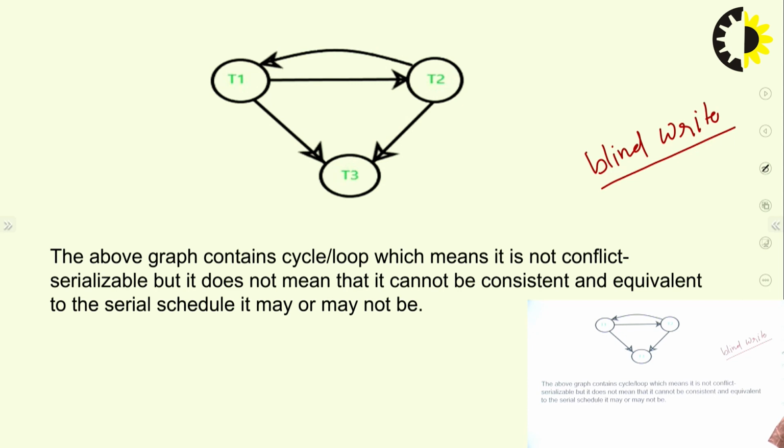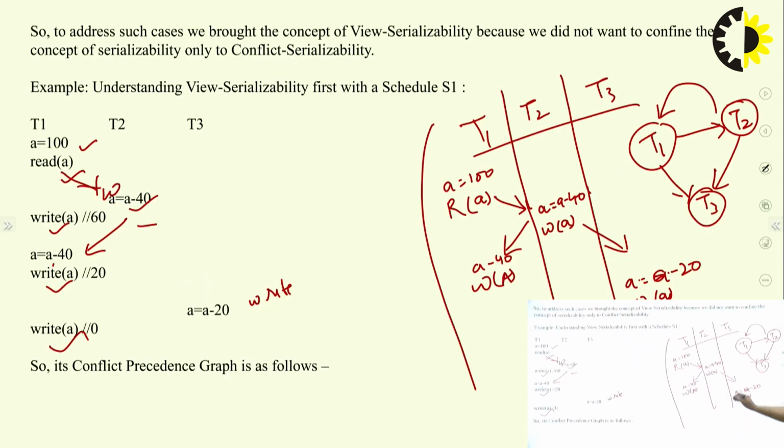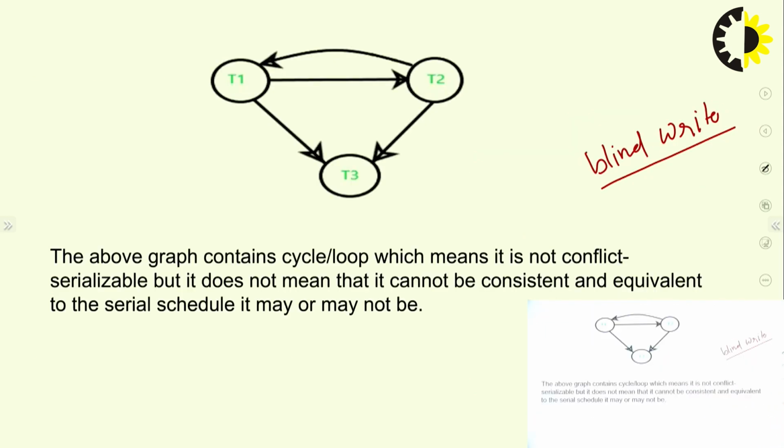Here there is a blind write: T2 is not reading anything, but it is writing A. So it can be categorized into view serializability.